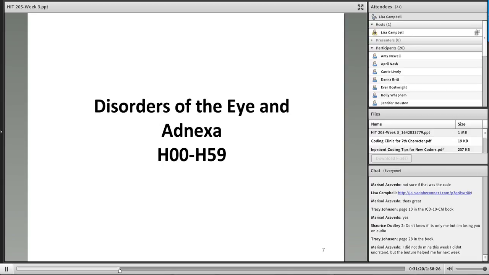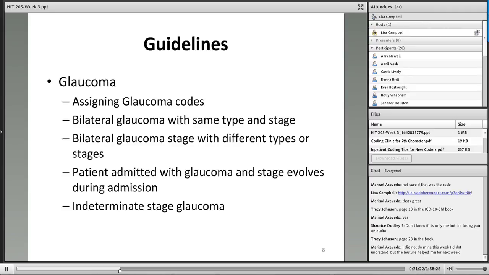Okay, so let's see what we got for the eye. The eye is such a very powerful structure in our body. So first up, assigning glaucoma codes. Something important. Assign as many codes from category H40 that you need. Well, what do they mean by that? This is what they mean. Glaucoma has several types.